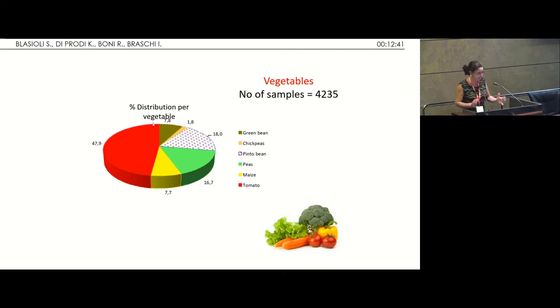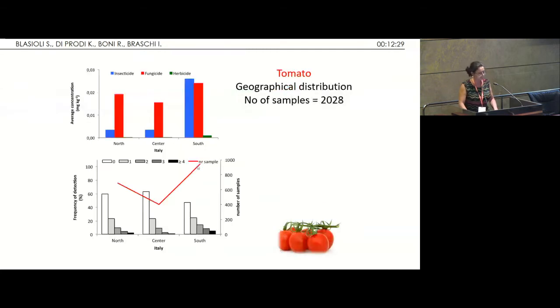So we have a big figure related to tomato production. Then we have pinto bean and pea plants. Here I want to show you very quickly the elaboration on tomato, because tomato is an Italian product. This is an international conference, so we want to talk about tomato.